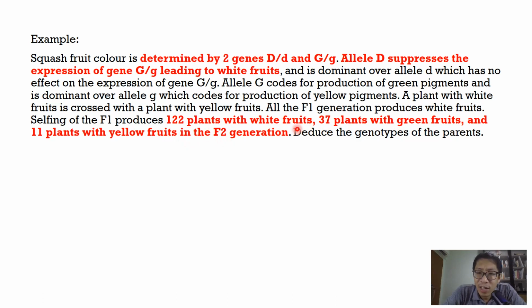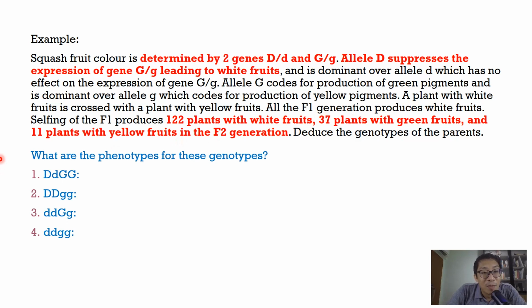All the possible phenotypes are expressed in the F2, which tells you that F1 should be a double heterozygote. So with that clue, F1 being double heterozygote, you can then deduce the genotype of the parents, which I'll show you in the diagram.